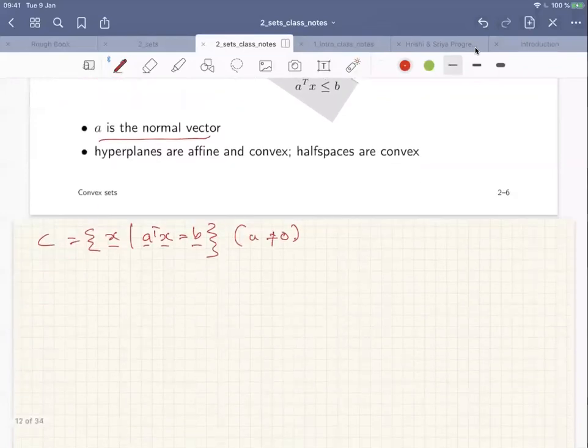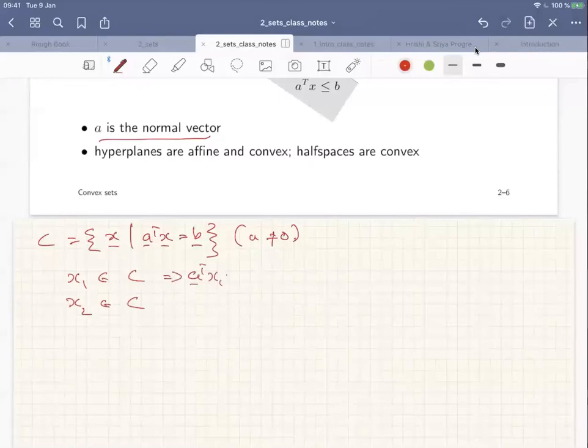So let's take 2 points, x1 which belongs to C and x2 which belongs to C. This implies A transpose x1 equal to B and A transpose x2 equal to B, right?